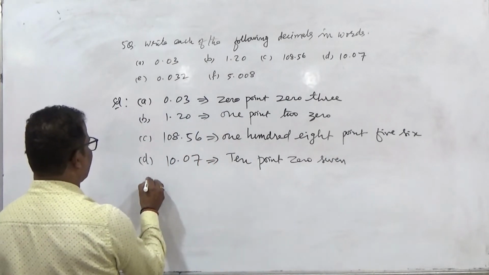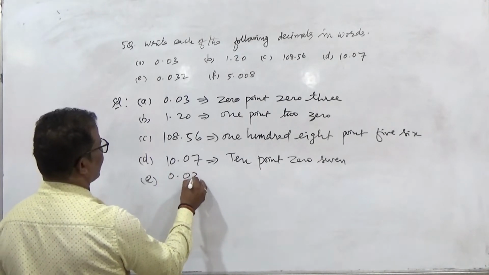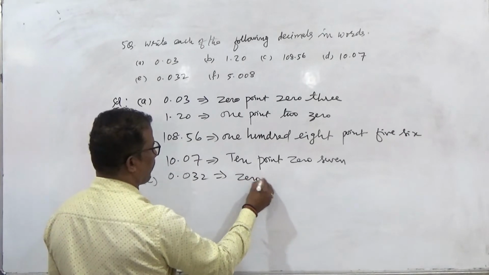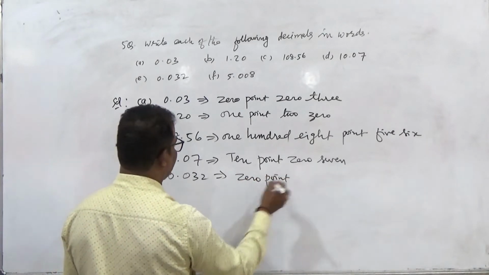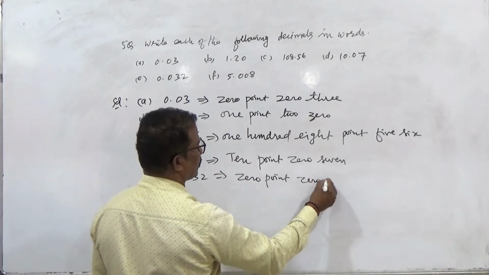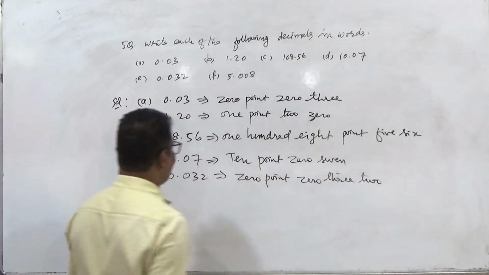And for E, what is 0.032? For this we have to read like this: 0, then point, 0, 3, 2 only.